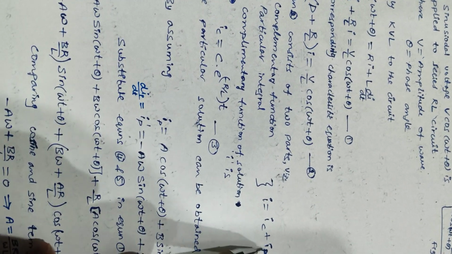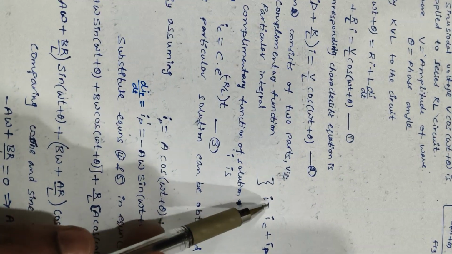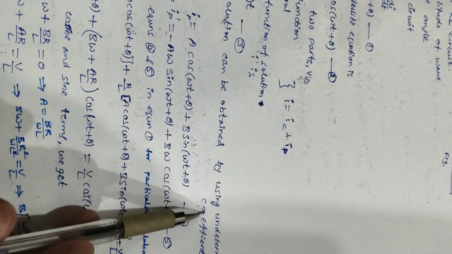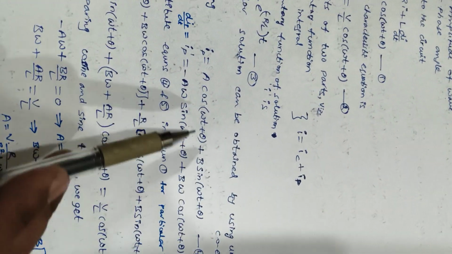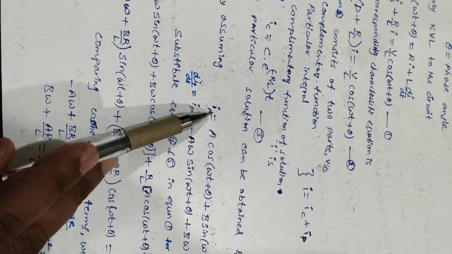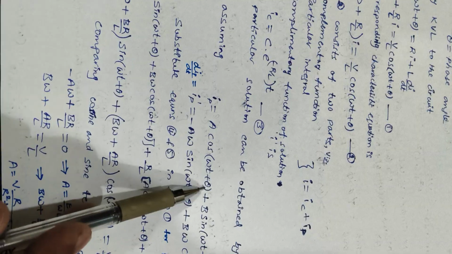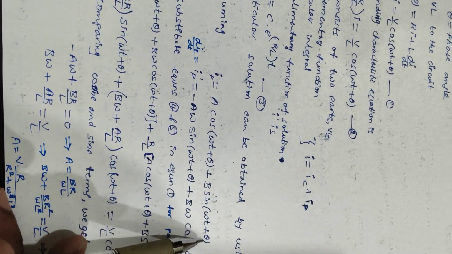Now we need to find the particular solution to get the overall solution. The particular solution can be obtained using undetermined coefficients, by considering the particular solution as i_p = A cos(ωt + θ) + B sin(ωt + θ).